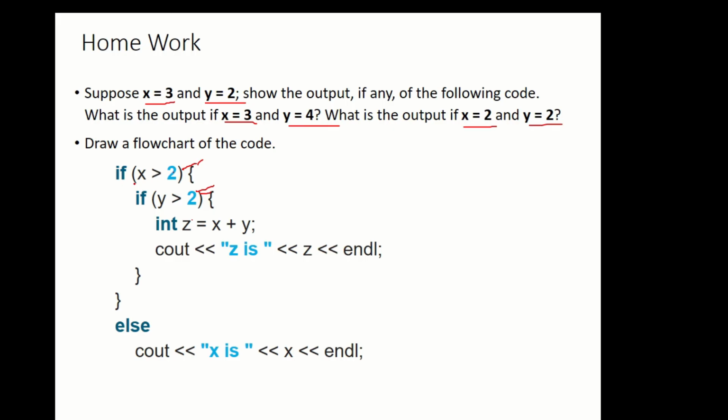For information, if the first outer condition is false, it is automatically out of that and the else part is executed. So if this is false, this is x and display this one.